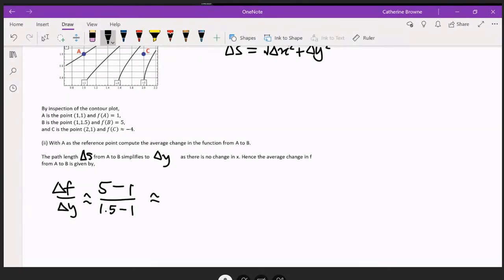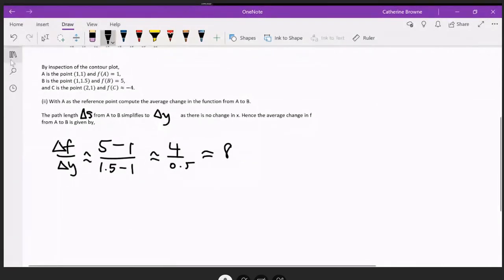So that's approximately equal to 4 on 0.5, or 8. Were there no questions about that?